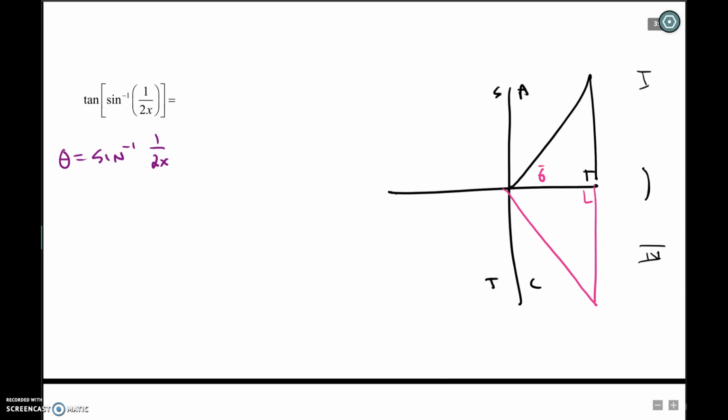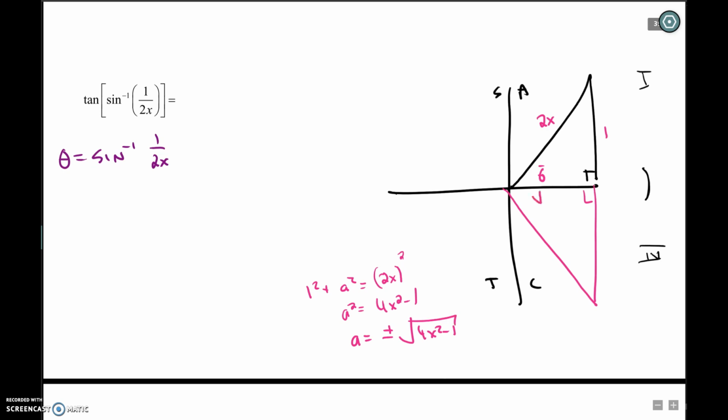Now the sine is 1 over 2x. I need to find this third side. So 1 squared plus a squared equals 2x quantity squared. Pythagorean theorem. A squared equals 4x squared minus 1. So a is equal to plus or minus the square root of 4x squared minus 1.